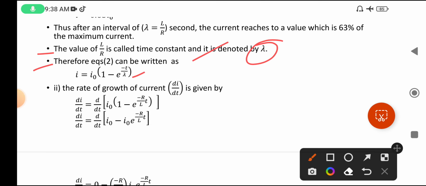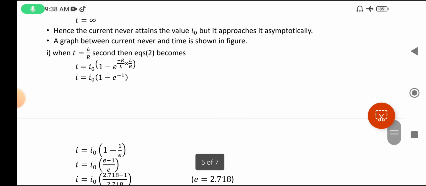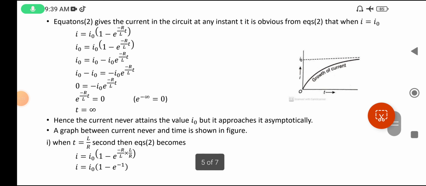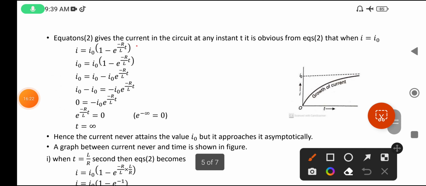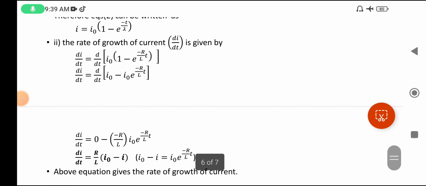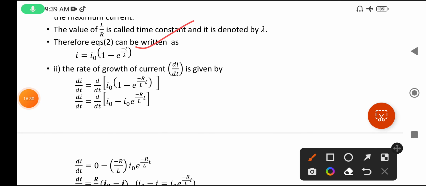Therefore, finally the above equation can be written like this. Now differentiate just what I showed above.